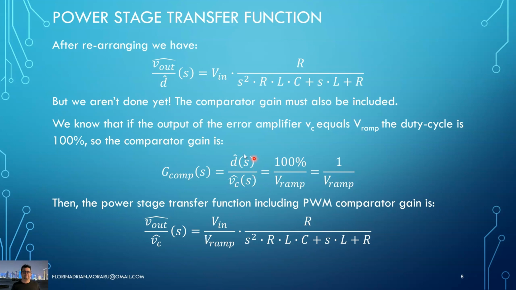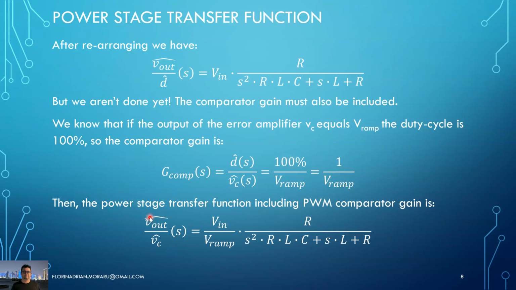Yeah, so the output of the comparator would be the duty cycle, the input would be the control voltage, and we know that for 100% duty cycle, over the ramp we will have 1 over V ramp.